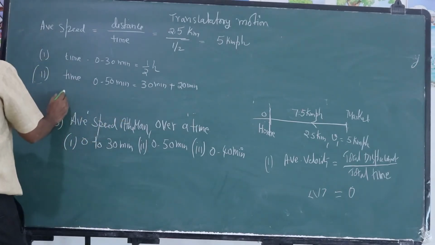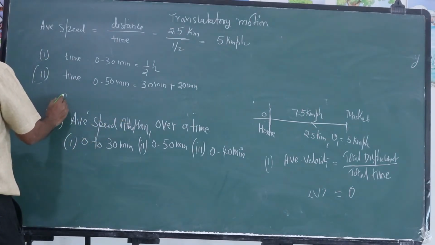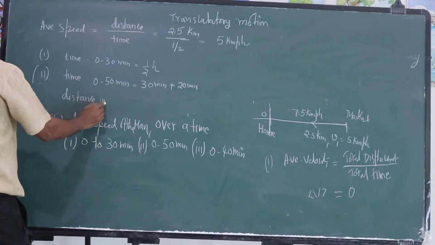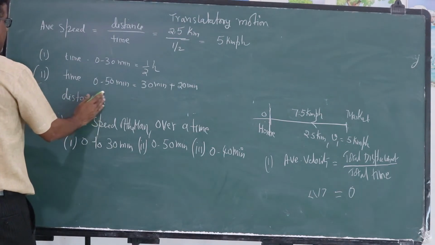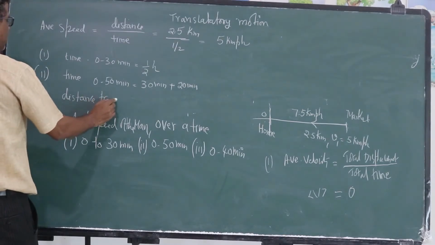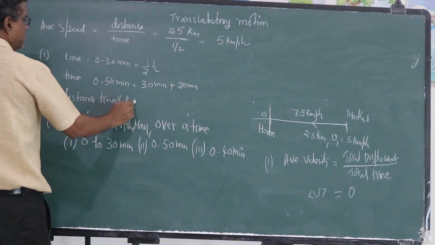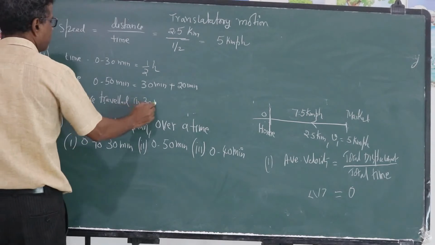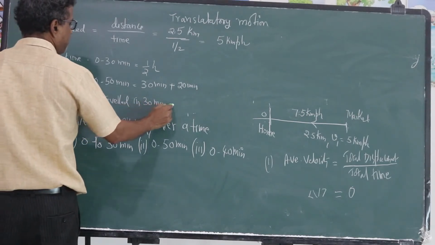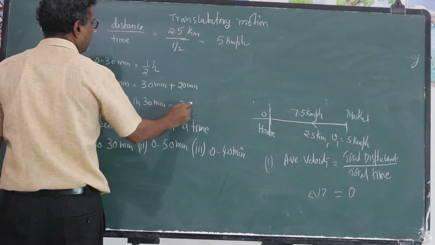Distance traveled in 30 minutes is 2.5 kilometers.